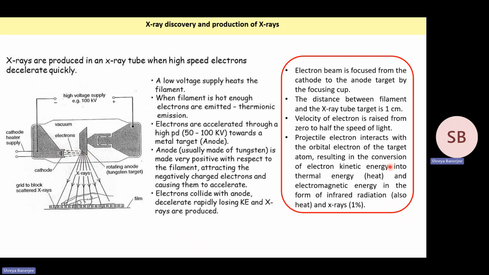This kinetic energy is converted into thermal energy, heat, and electromagnetic energy in the form of IR radiation, almost 99%. And only 1% of this kinetic energy is converted into X-rays. So this is the basic instrumentation and method by which X-rays are produced.